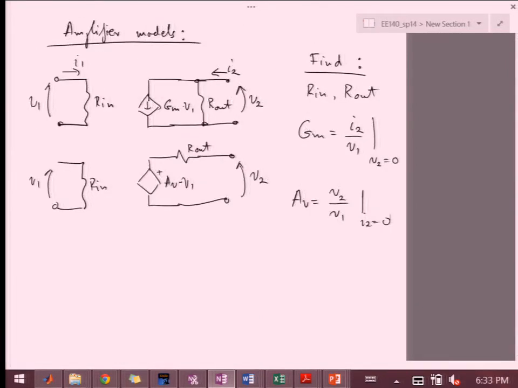So if I2 is 0, then this current is really developing V2 on this Rout. But also in terms of this model, if I2 is 0, that just means that V2 equals Av times V1. So there's no voltage developing on Rout.